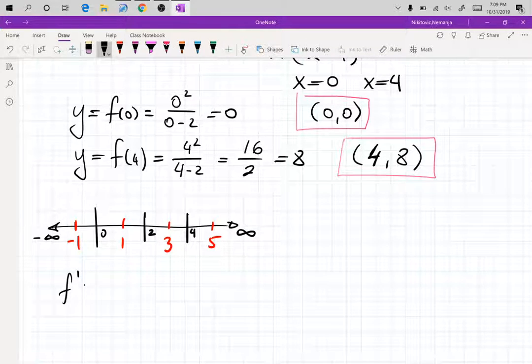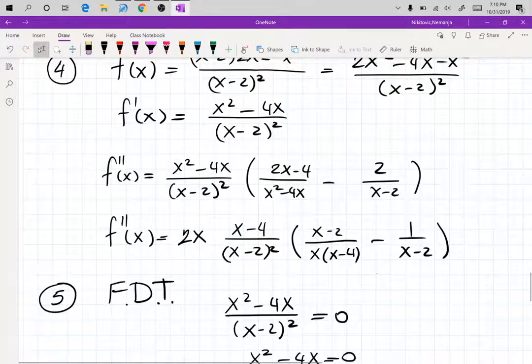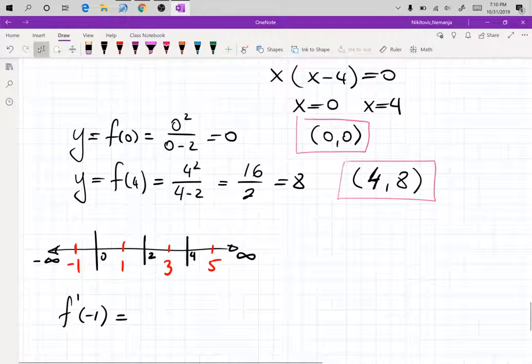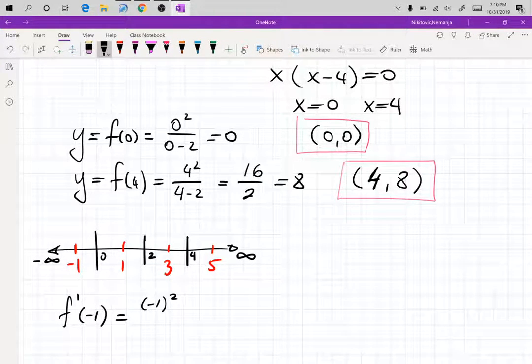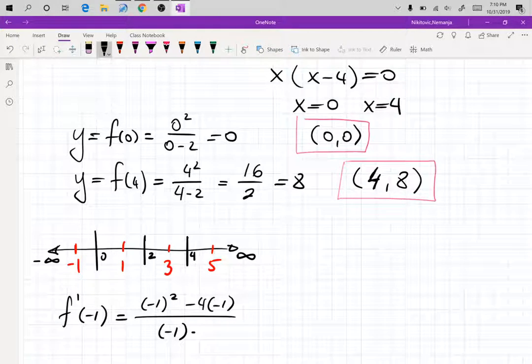F prime at negative 1. That's negative 1 squared minus 4 times negative 1, divided by negative 1 minus 2, everything squared.